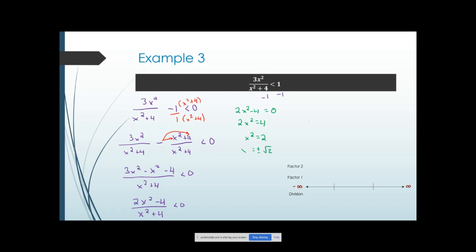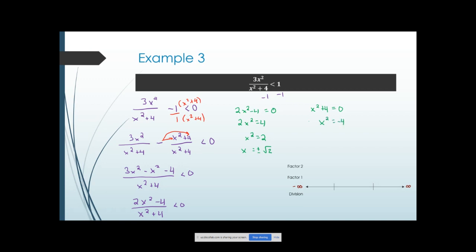Now, the denominator, we have x squared plus 4. So we have to set that equal to 0. And that one we can also solve by taking square roots. If I subtract 4 from both sides, I have x squared equals -4.